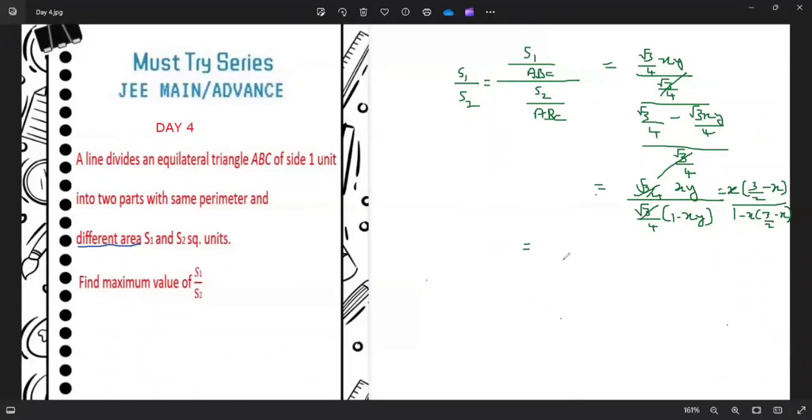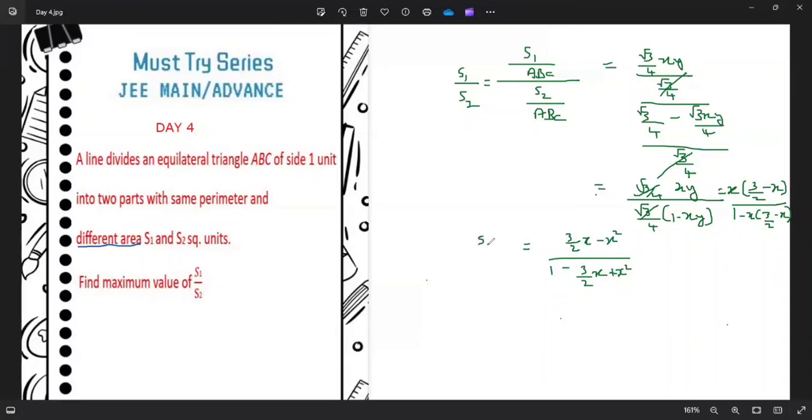On expansion, in the denominator I'm getting 1 minus 3 by 2 x plus x square, and in the numerator I'm getting 3 by 2 x minus x square. Okay, so I get an easy idea here.